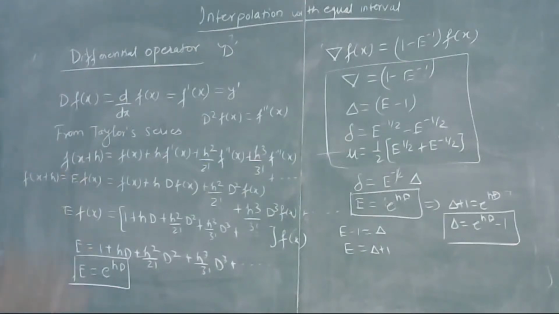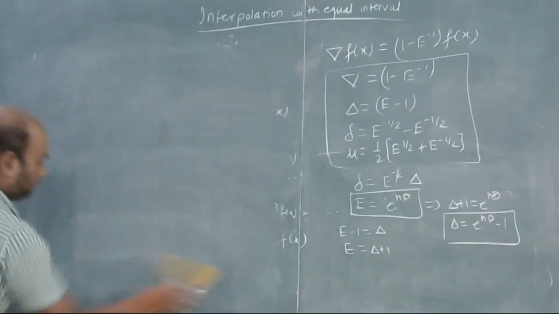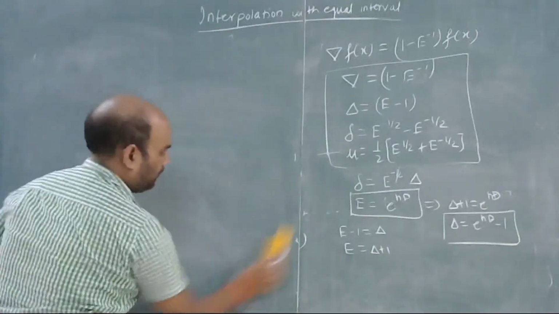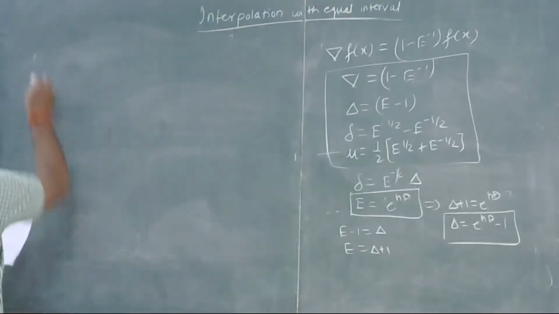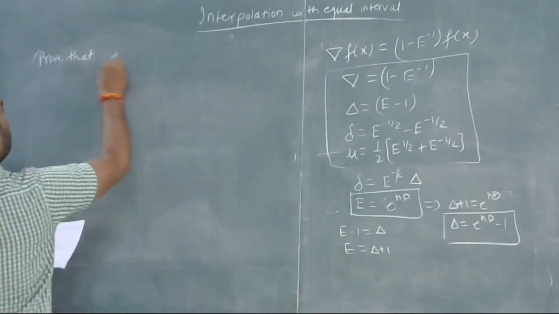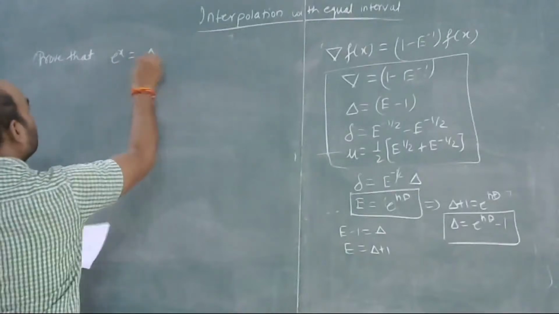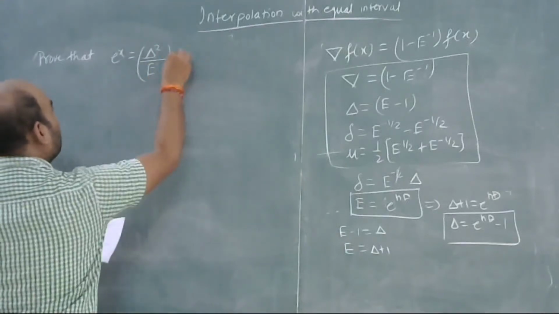So this is the different operators and their relationship. Okay, so one question is there. It is generally asked in exam. It says prove that e to the power x is equal to del square e to the power x by e to the power x.